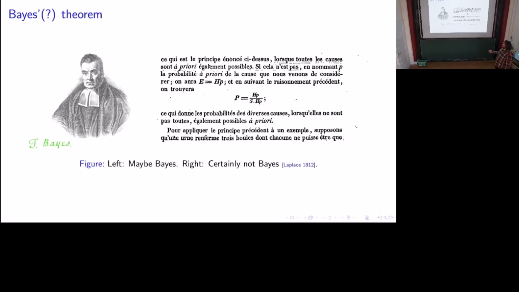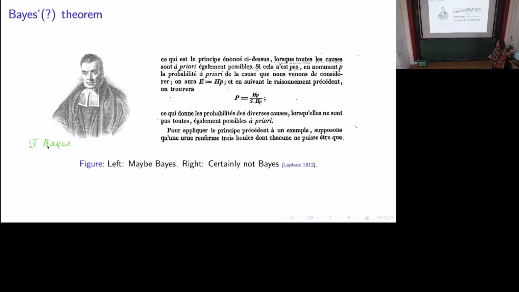And here, maybe Bayes. Bayes was not a super famous person, and I think this picture first appeared in a book at least a century after he died. So it's pretty obvious that it's not him, but it's the only picture we have, and so we like to keep it.